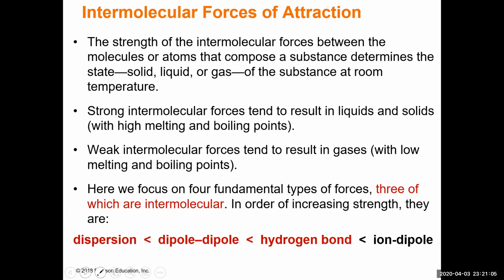And this is due to those strong intermolecular forces. When we have weak intermolecular forces, they tend to result in gases. And these gases have a low melting point and a low boiling point.